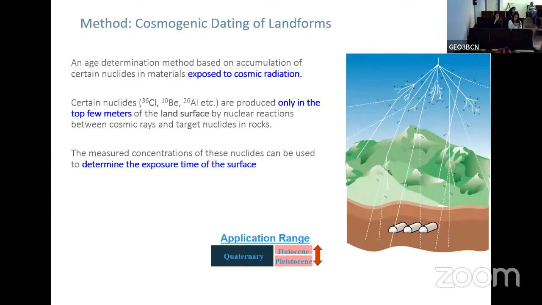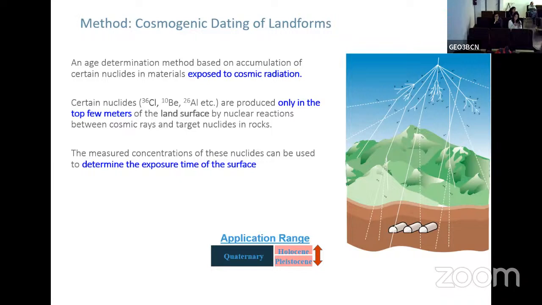So the methodology is based on the cosmic radiation that the Earth receives without any stop, let's say. Any rock that is exposed to cosmic radiation starts to form some new nuclides, like beryllium-10, chlorine-36, or aluminum-26.